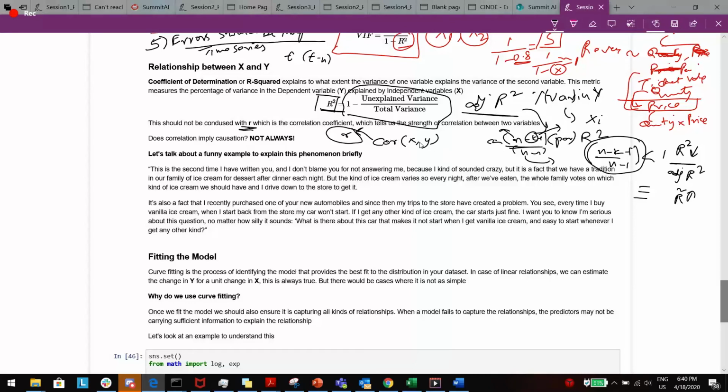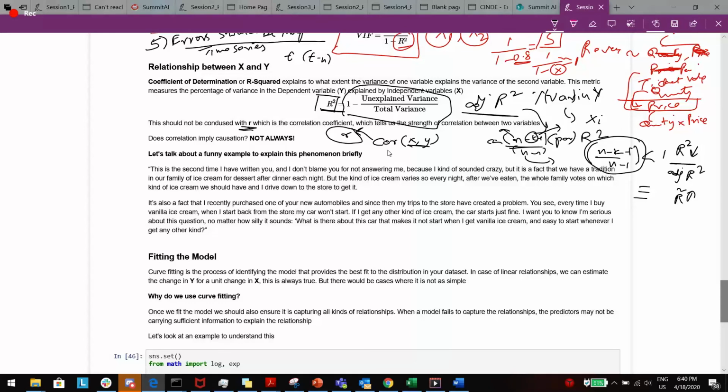Now, correlation is nothing but the strength of the mathematical relationship between two variables. But correlation is only mathematically valid; it is not statistically valid, and you cannot make an inference from a correlation.